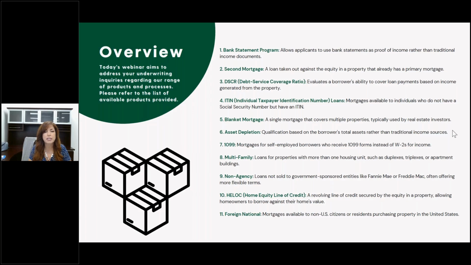Blanket mortgages. This is something that a lot of companies don't do, and we've done quite a few of them. They make sense for borrowers that own a lot of properties and they want to do just one loan for multiple properties. And so we do that. We do allow them.